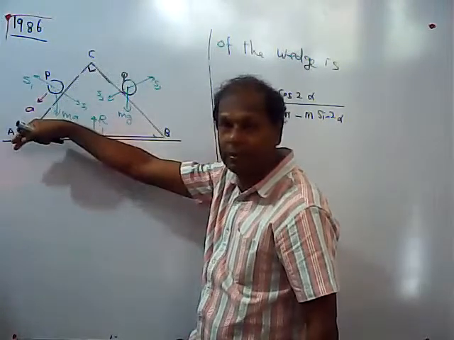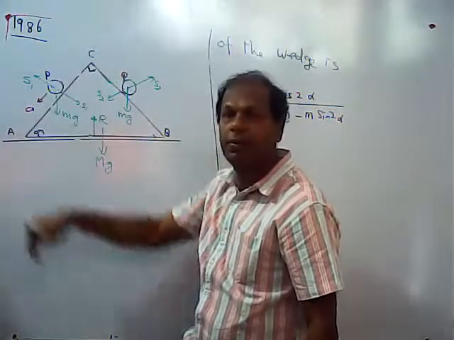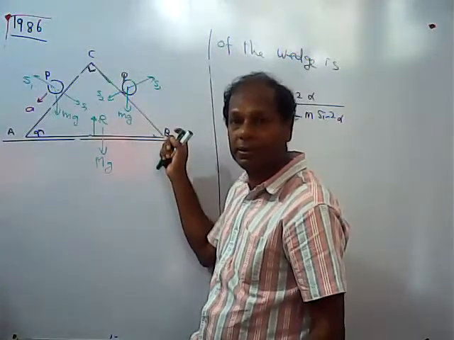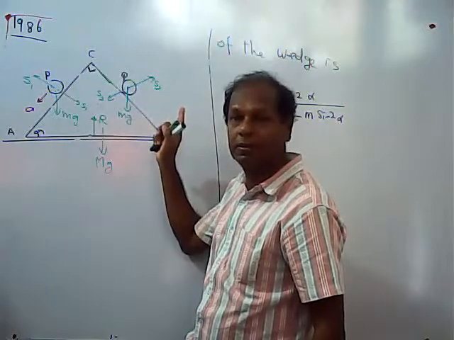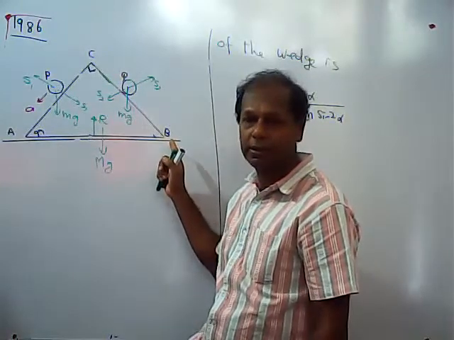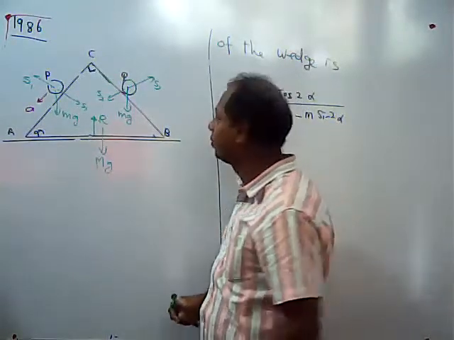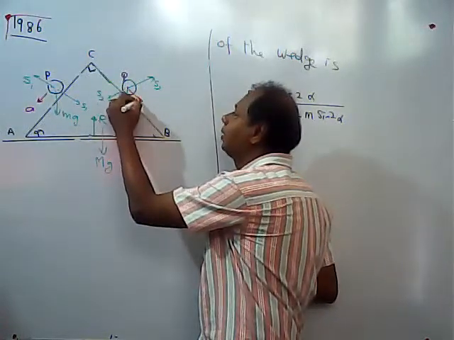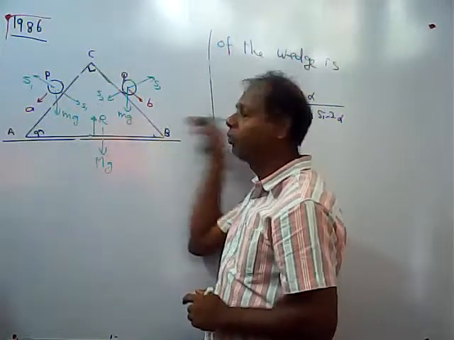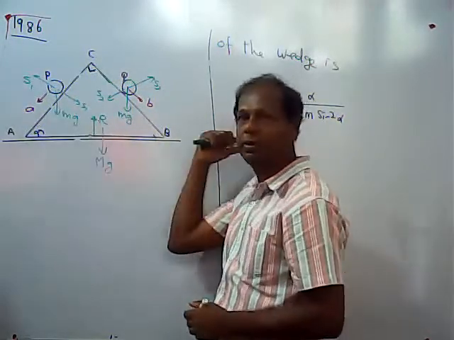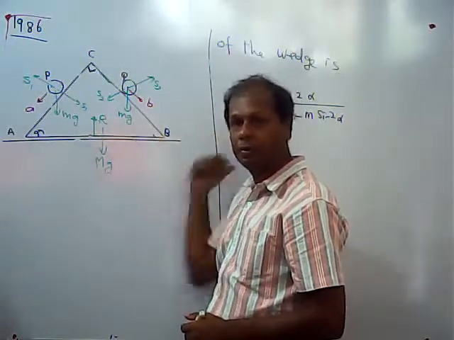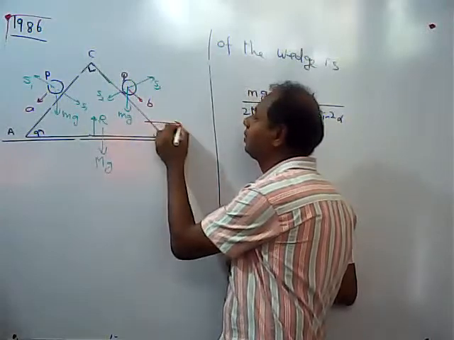If this is A, you can't say the other is also climbing down at the same acceleration A, because the system is not symmetric. This is alpha, this is 90 minus alpha. Generally they are not the same, so I'll mark some other acceleration B. Then the wedge will move horizontally, this way or this way. We don't know the exact direction, but it has to be horizontal, so I'll mark some acceleration C.